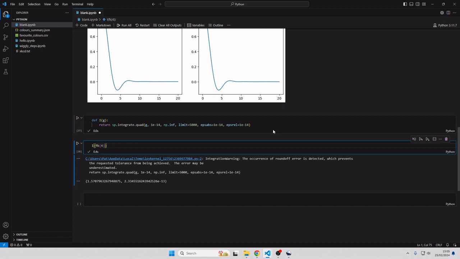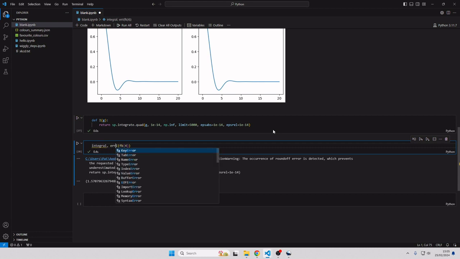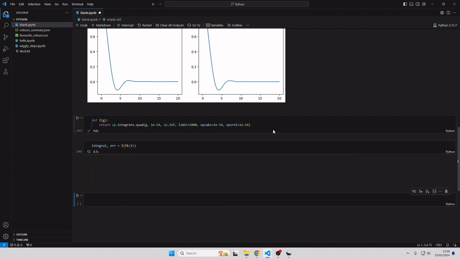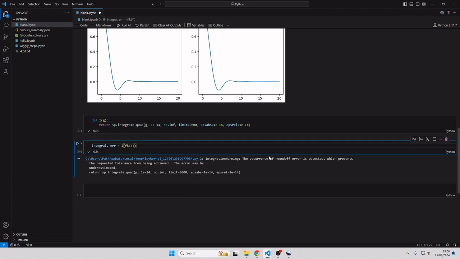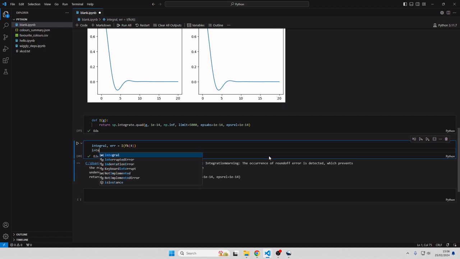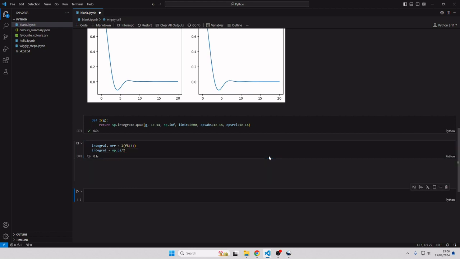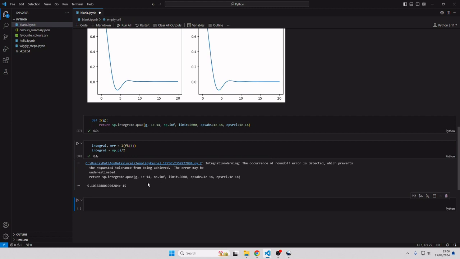Okay, so let's call the two things the integral and the error, and then we want to see, the claim was that the integral is actually equal to pi over 2. So let's just calculate the difference, and it's equal to pi over 2 with a difference of approximately 10 to the minus 14.